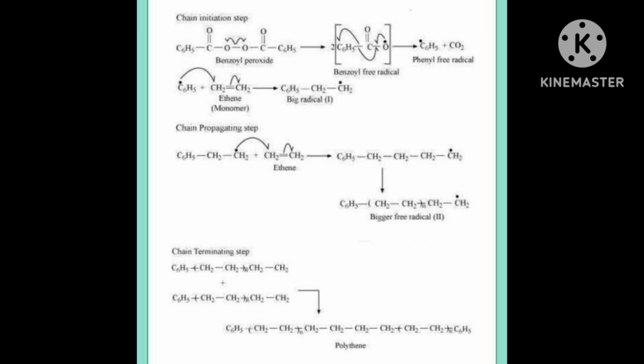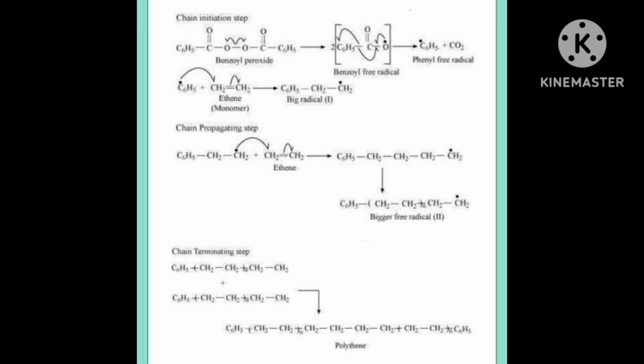Then here the OO single bond is there, and in the initiation step that bond will break and it will form two molecules of C6H5CO with one O. C6H5C double bond O was there, and with that carbon one O is also there, correct?